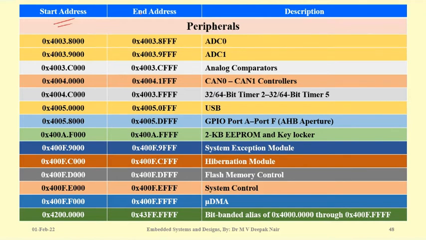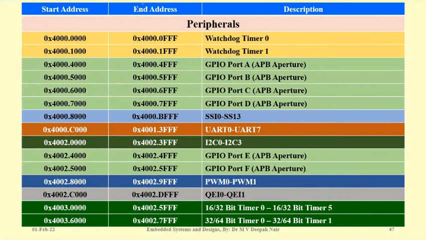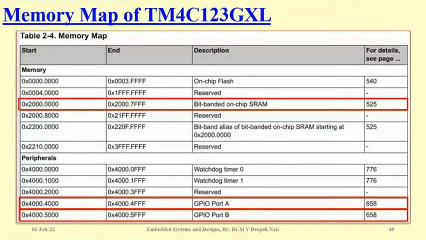So this is how the register mapping is taking place: starting address, ending address, and the name of the peripheral. When writing any driver software or program for these addresses, you need to know this basic information, and only then can you program them. This memory map is in table number 2.4.